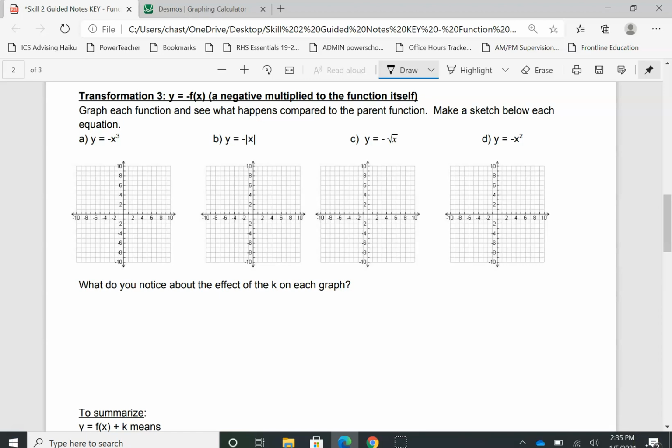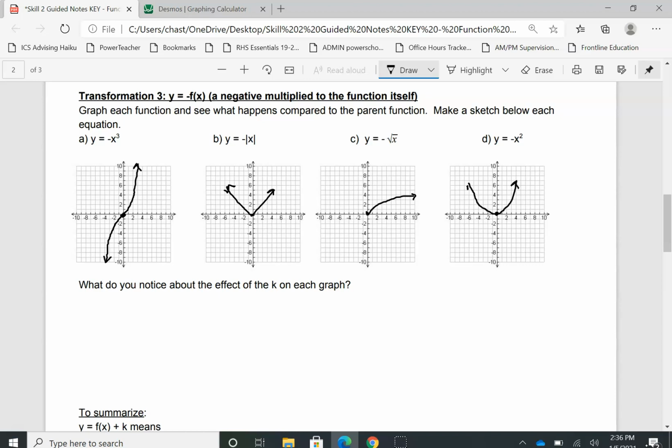For x cubed, remember x cubed, it's a cubic function. It kind of graphs like this. Absolute value of x, that one we should be familiar with. Next one, the square root function, again, should be familiar with. And x squared, we definitely should be familiar with that.